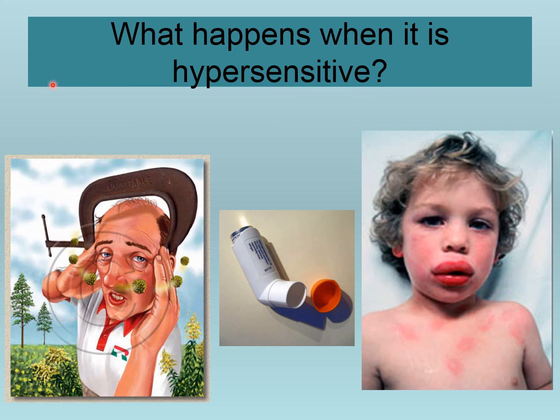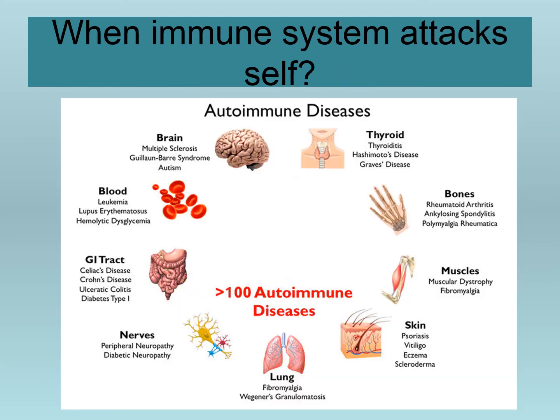So in that case, the antigen is called an allergen. A second abnormal situation arises when the immune system mistakes self for non-self and launches an attack against the body's own cells or tissue. The result is called autoimmune diseases.